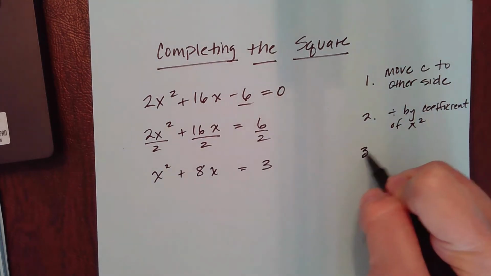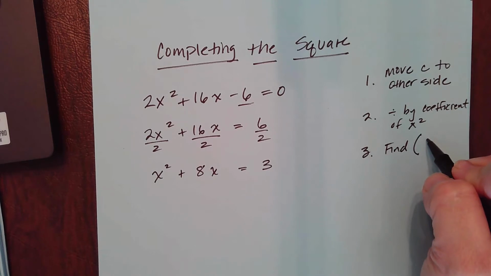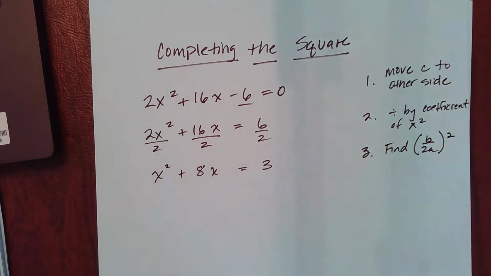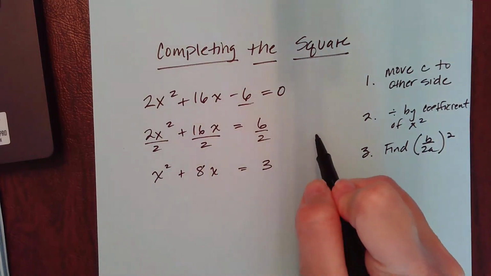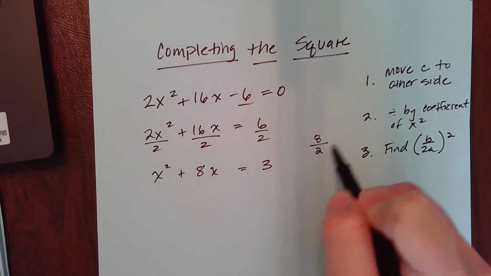All right, step 3. You need to find b over 2a and then square it. So this is kind of a weird thing. It looks like that formula for the vertex, right? So what we're going to do is use that same idea. So b would be 8 over 2 times a, which in my equation now would be 2.